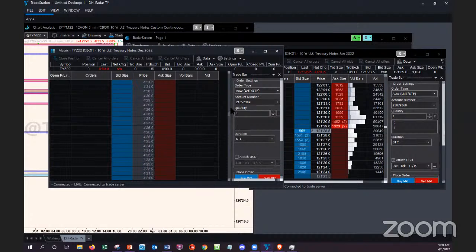You can trade it. The problem is, where are you going to get in? This is 811. Here we're at 122, 121. So where are you going to get into this? And after you're in it, how are you going to get out of it?